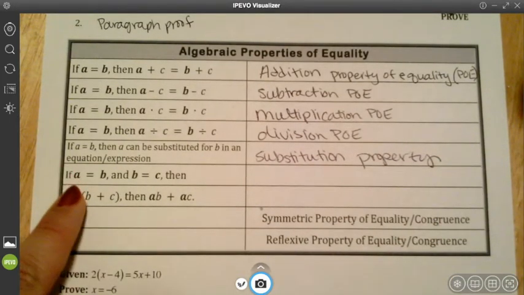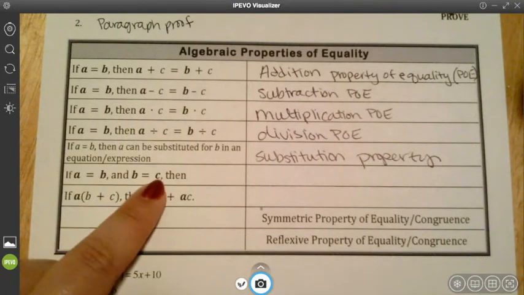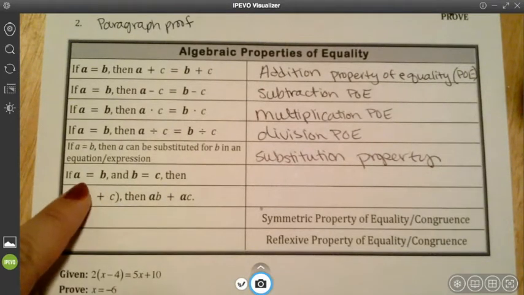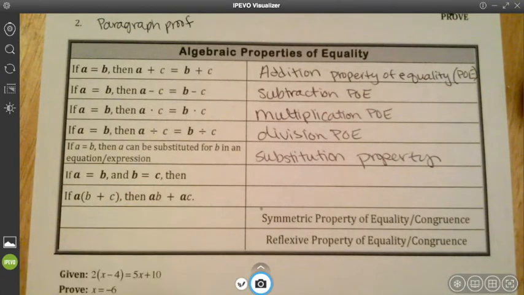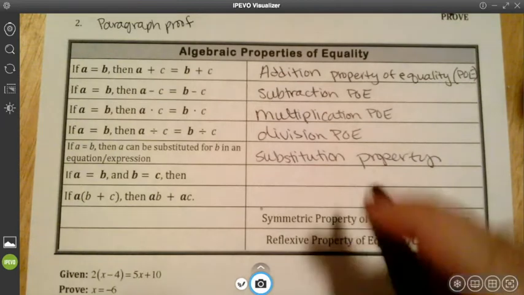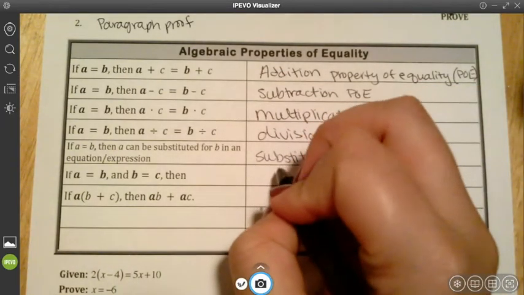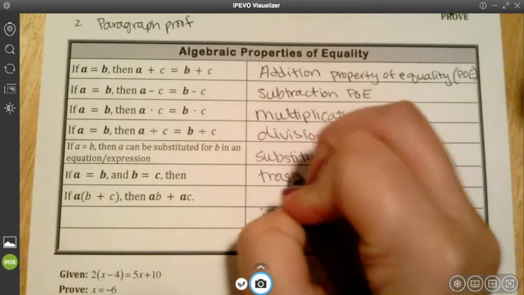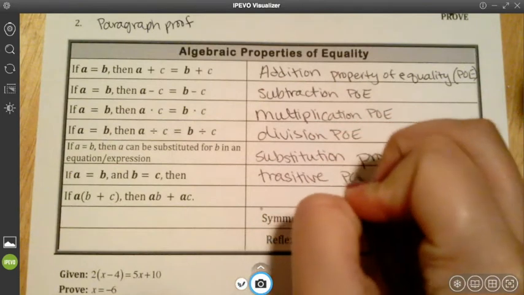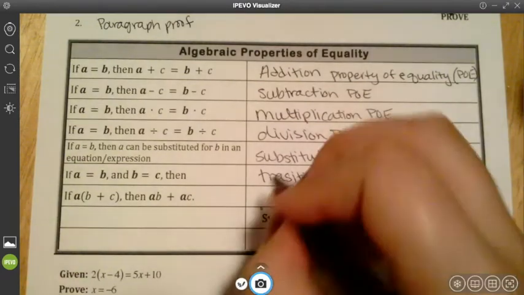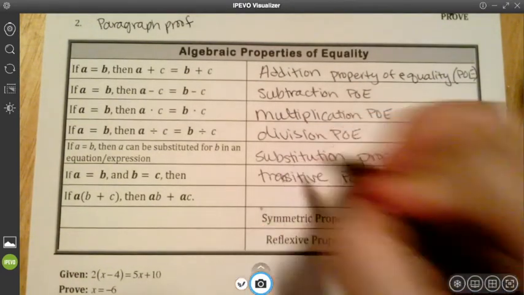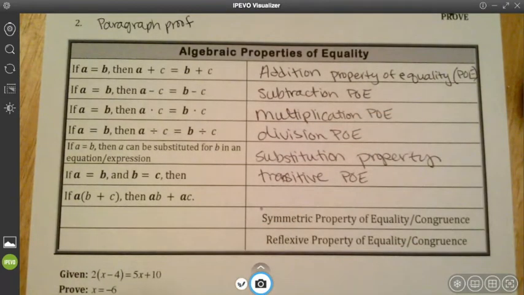We have this next one, says if A equals B and B equals C, then because A equals B and B equals C, we can say that A must also equal C. Now we can call this substitution, but more specifically, this is the transitive property of equality.